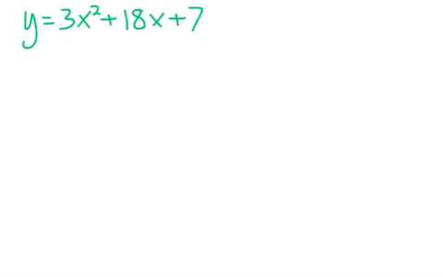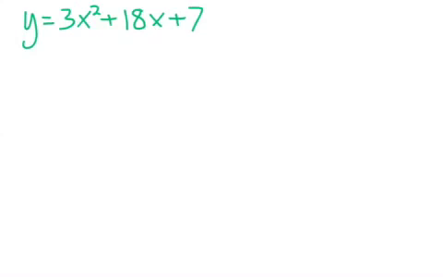So when I have an a value that's not 1, I need to factor it out of the first two terms. Normally I start with figuring out what b is, dividing it by 2, and squaring it. But we don't do that yet because we need to take care of the a term first.